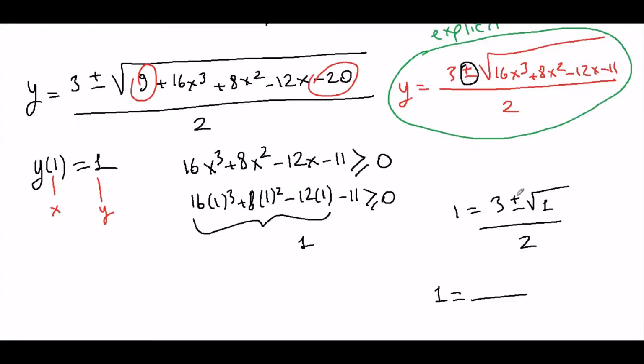If we accept the plus sign, the square root of 1 is 1, so we have (3 plus 1) divided by 2, or (3 minus 1) divided by 2. It's going to be 3 minus 1 divided by 2, and then we obtain 1 equals 1. So we're going to accept the negative part here. Now we know the interval of validity.